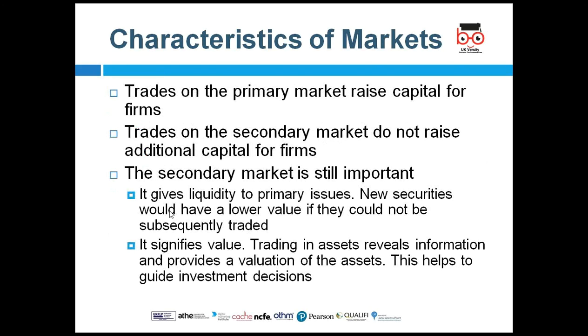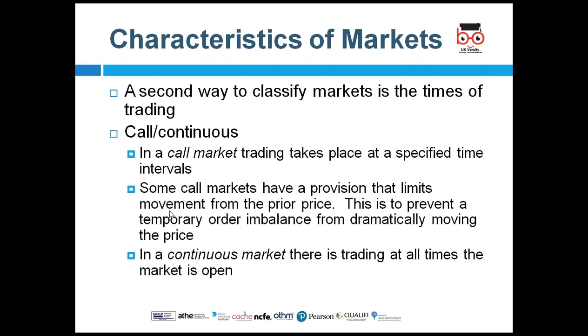Trades on the primary market raise capital for firms. Trades on the secondary market don't raise additional capital for the firm. Of course, they already issued the share, somebody bought it, and now they are selling between individuals. So it gives liquidity to the primary issues, which would have a lower value if they could not subsequently be traded.